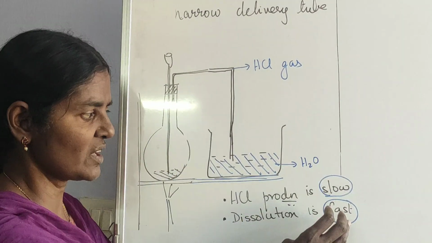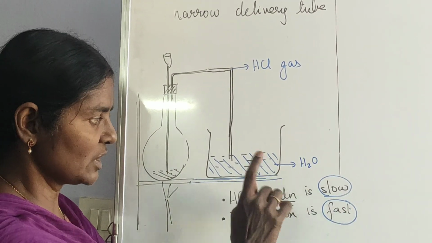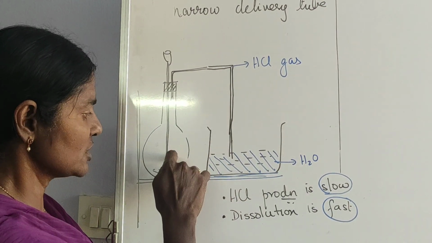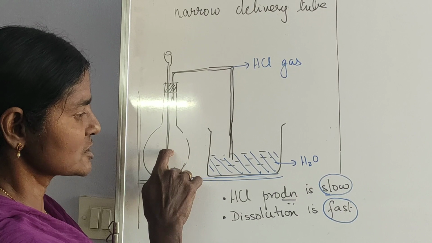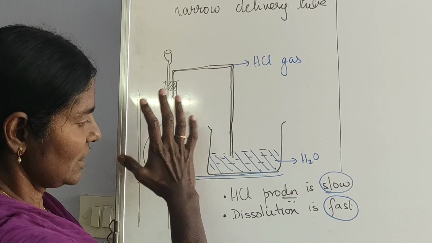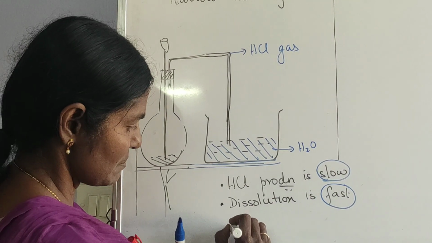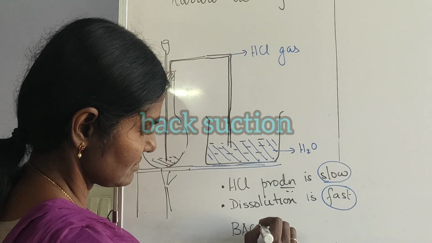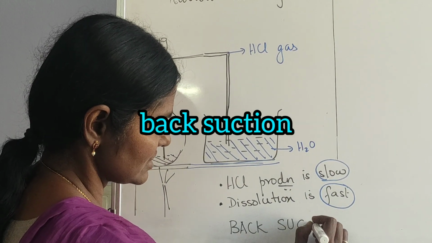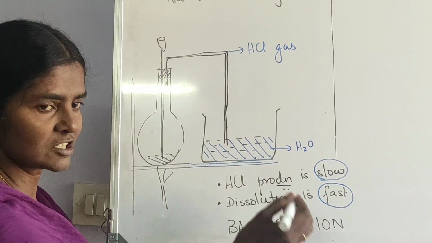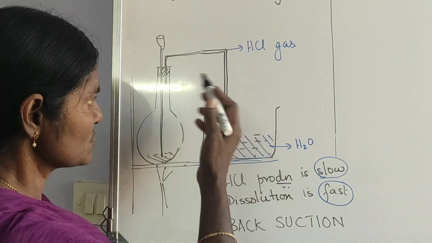So that is where the problem lies, and because this is very fast, the water gushes up into this and it absorbs, and this condition is called back suction. When the production is slow and the dissolution is fast, the water goes back.